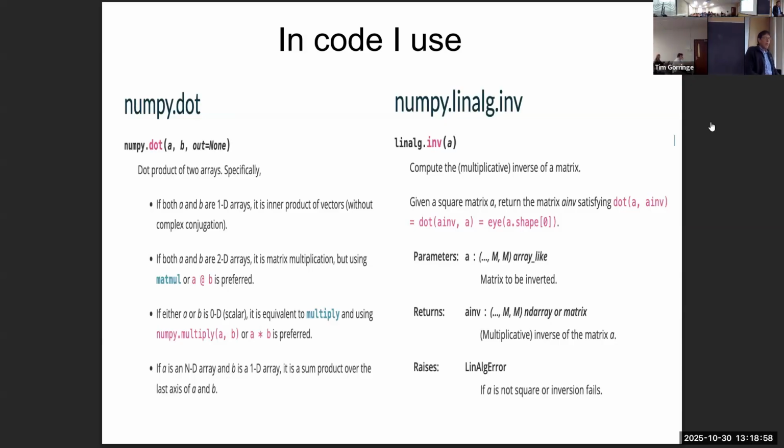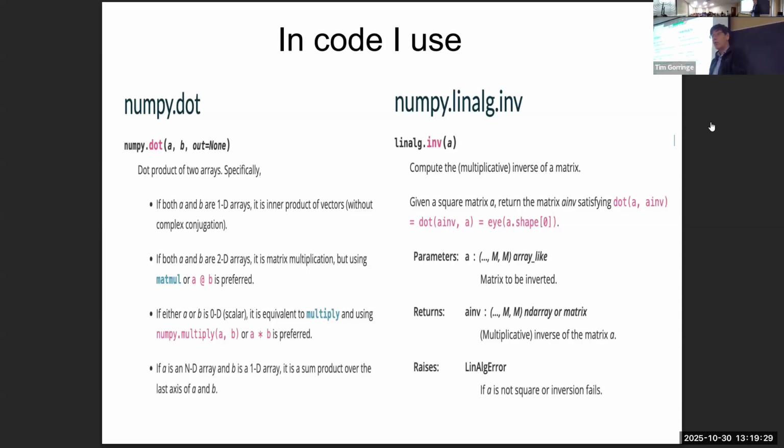When we go to the code, I'm going to want to take products of matrices, and I'm going to want to find the inverse of a matrix. So I'm going to use NumPy's linear algebra for that. I'm going to use a function dot, which is how I'm going to multiply matrices together. I'm going to use a function inverse, which will give me the inverse of a matrix. I'm going to use a method transpose, which will give me the transpose of a matrix.